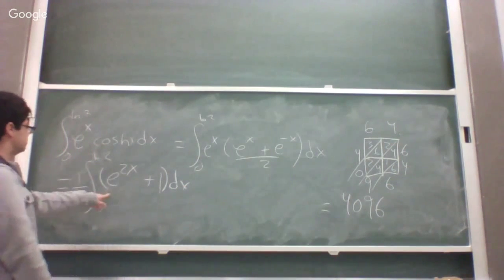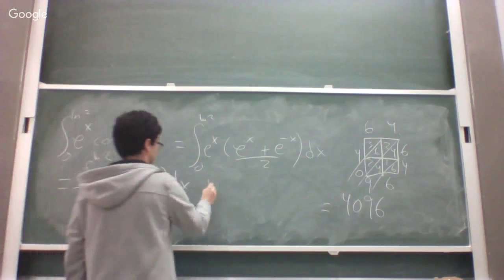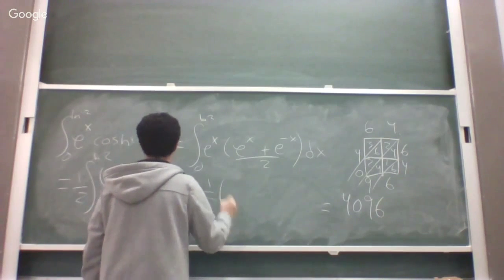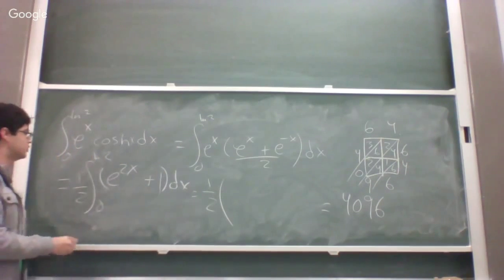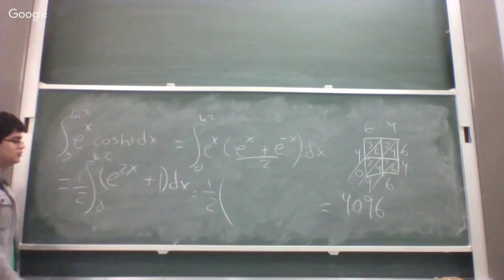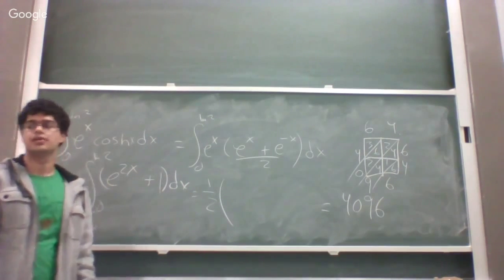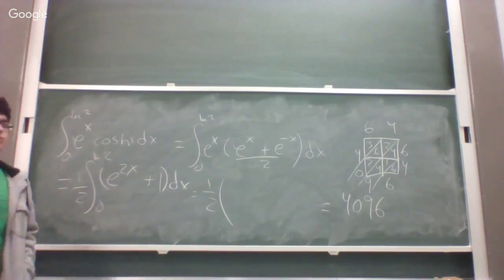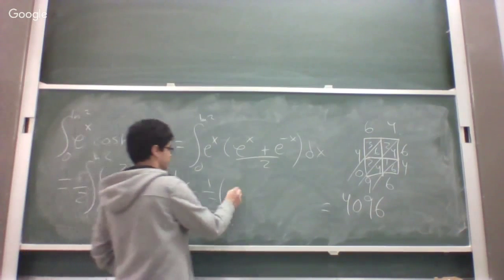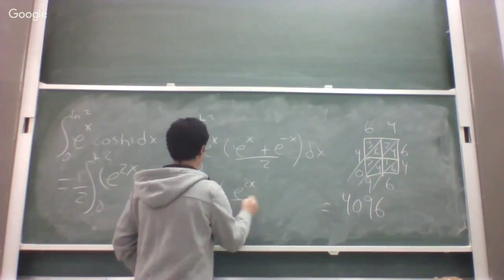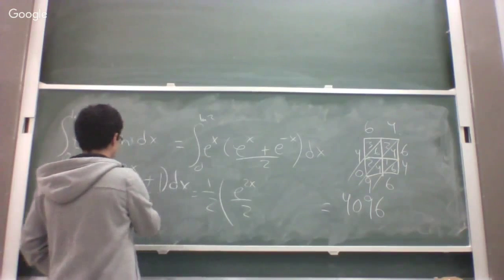What would the integral be? What is the integral of e to the 2x? I think it's e to the 2x over 2, right? Plus what?